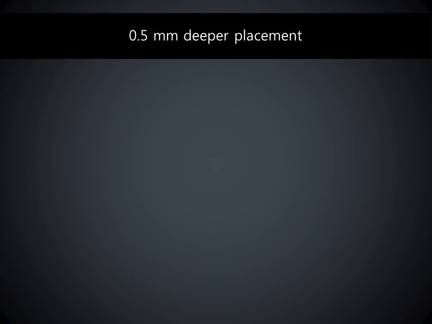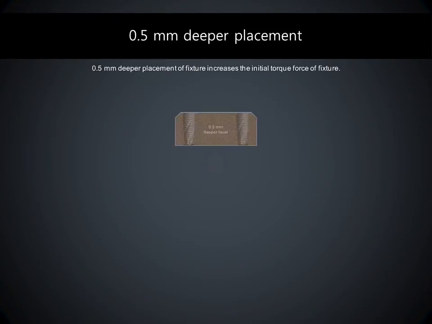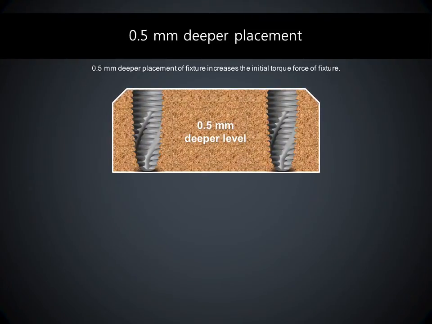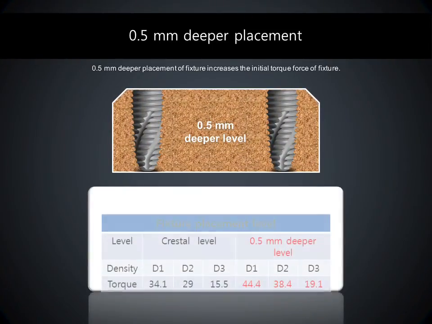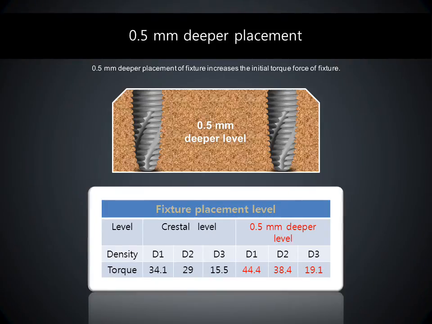The gap between the drill's diameter and the fixture's diameter is a major factor in the fixture's placement stability and bone healing. The narrower gap makes the fixture more stable. The narrower gap induces more compressive bone necrosis in dense bone.